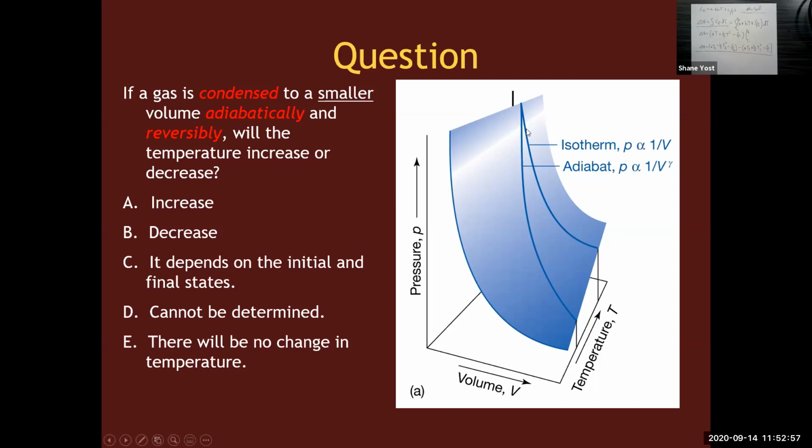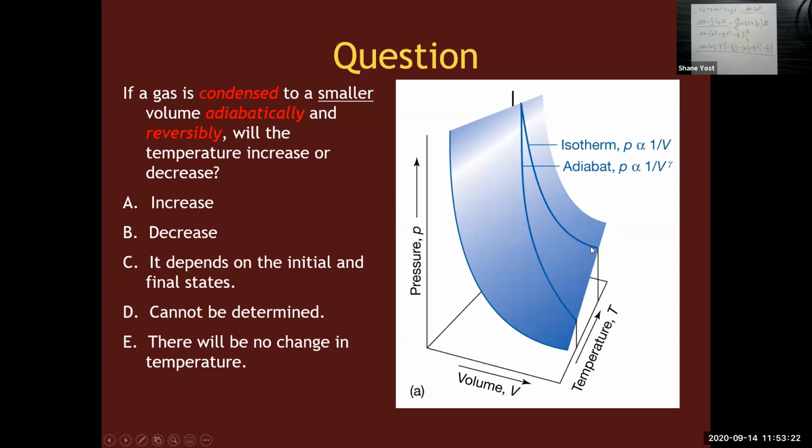Also pictorially, we're looking at a decrease in volume. In this plot, they end up with the same pressure and volume at this point, but you're at two different points here.